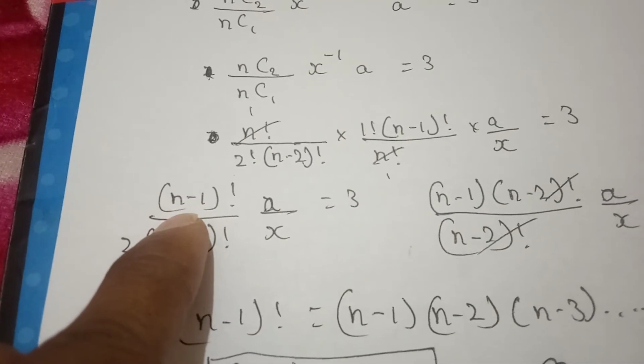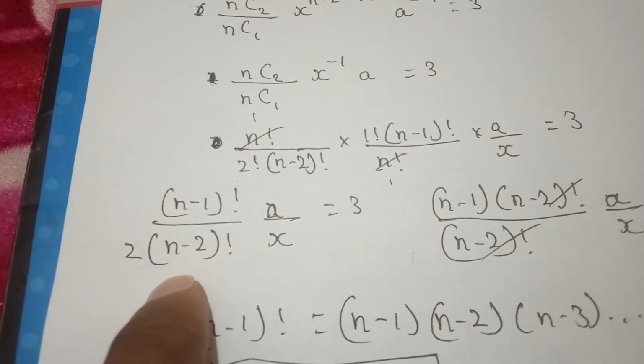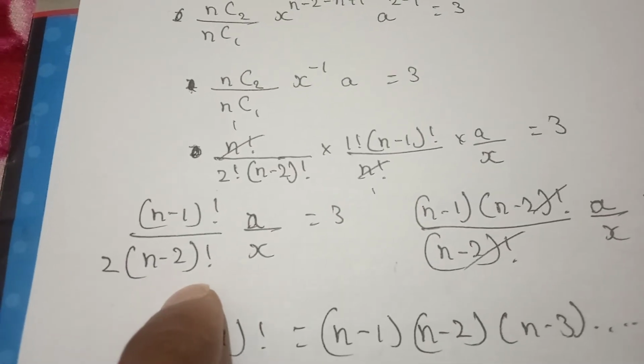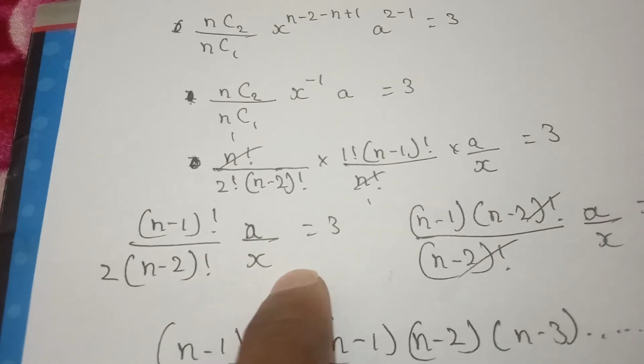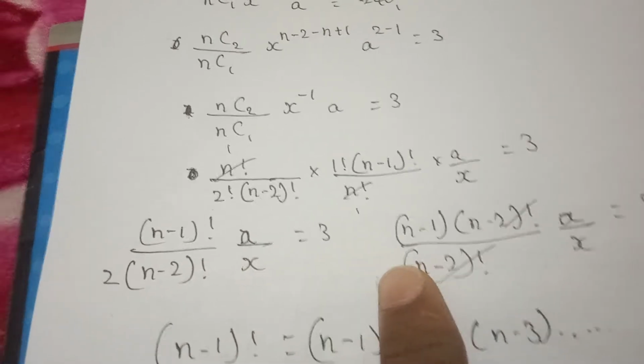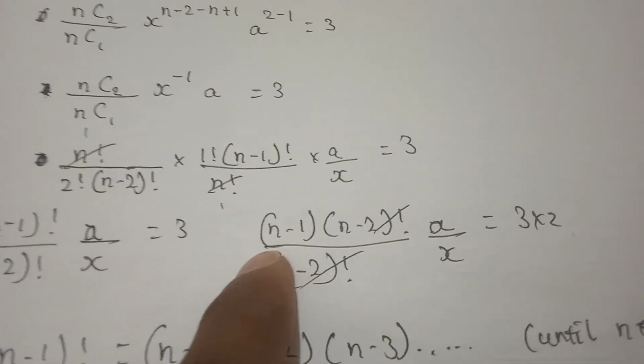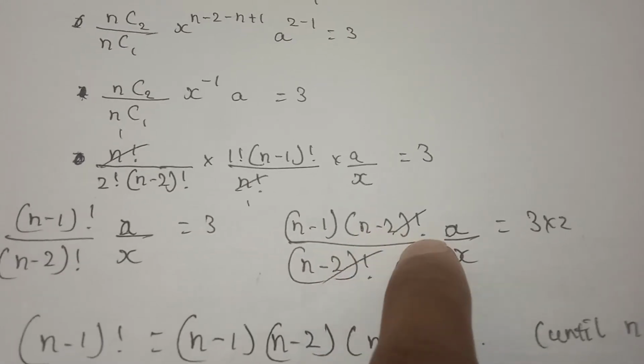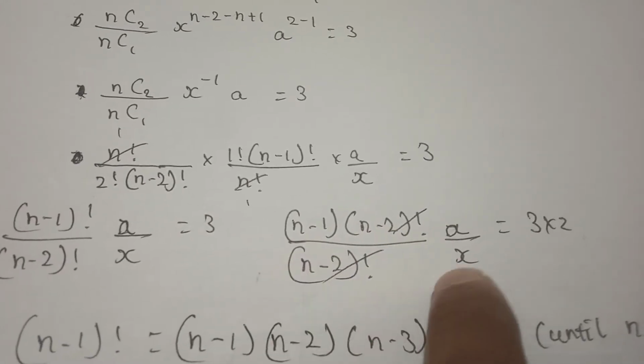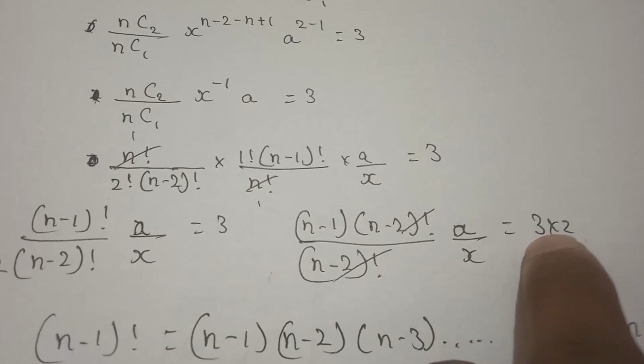Then (n minus 1) factorial divided by 2 (n minus 2) factorial multiplied with a by x gives 3. And (n minus 1) multiplied with (n minus 2) factorial divided by (n minus 2) factorial multiplied with a by x gives us 6.